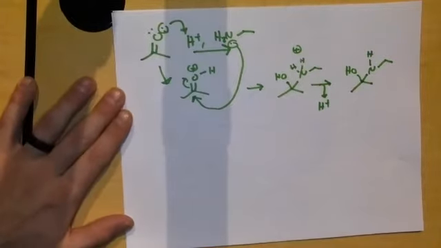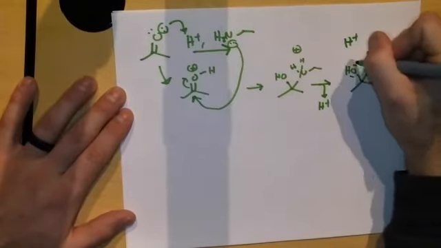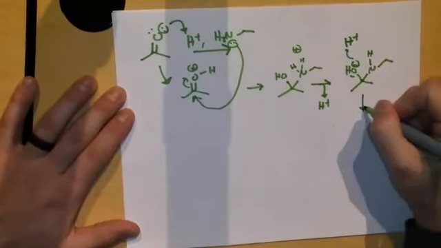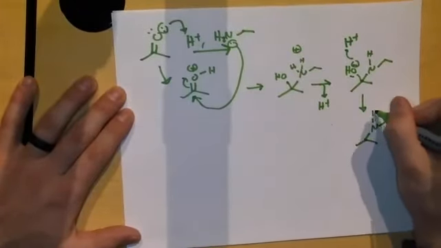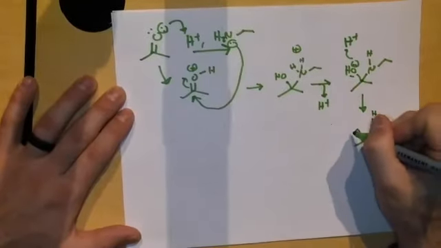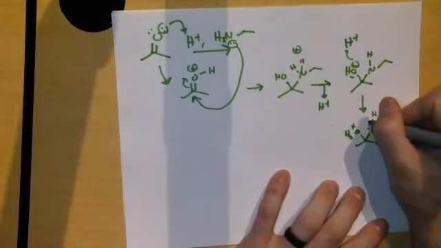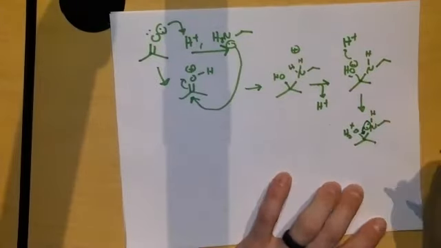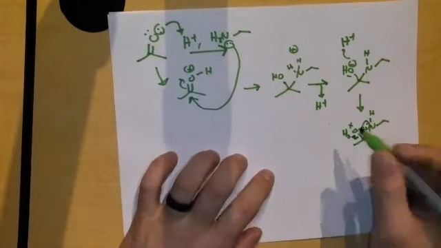We're going to pick up that proton on our oxygen, just like we've been doing. And this is where it's going to change a little bit. So instead of just losing this water, our nitrogen electrons are going to come down and we are going to create a new double bond, kicking out water.